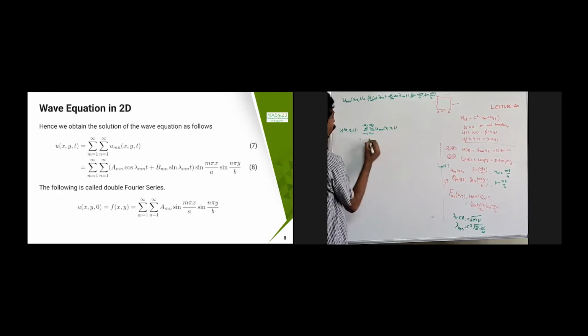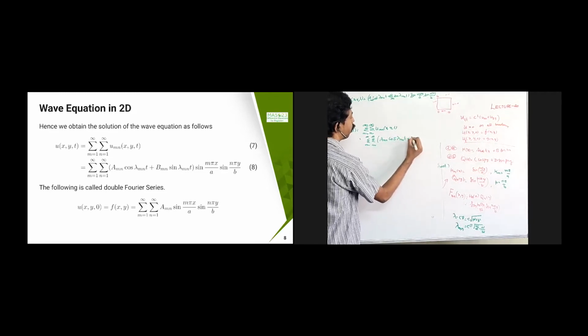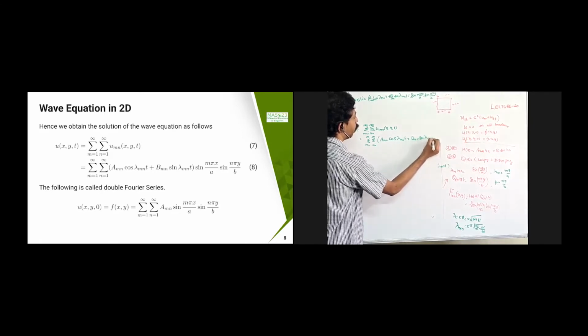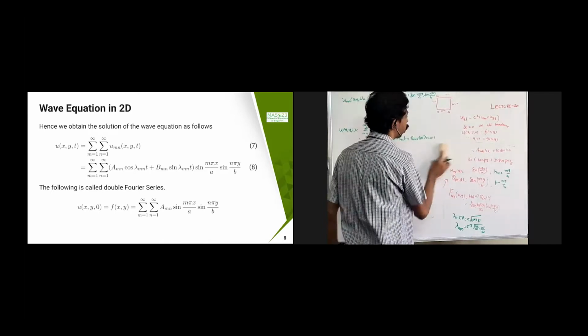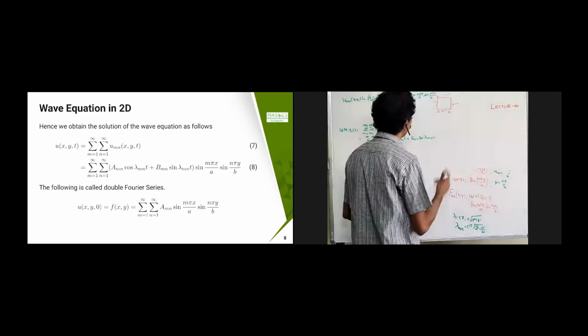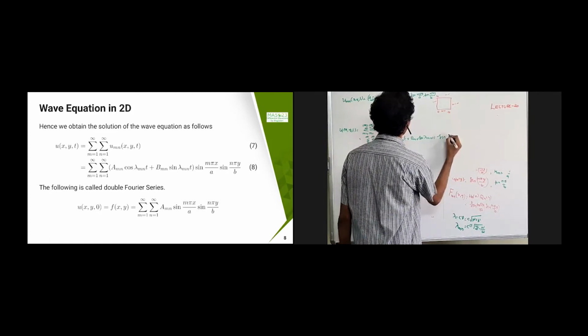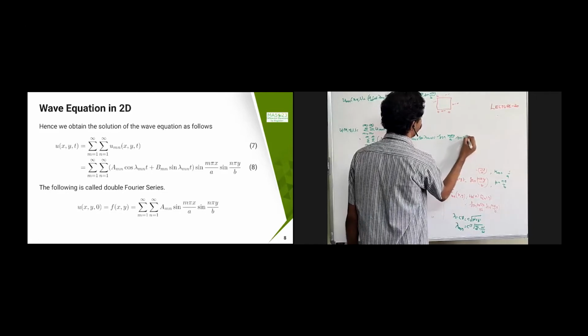That is going to become the summation m equal to 1 to infinity, summation n equal to 1 to infinity, of a_mn cos(lambda_mn t) plus b_mn sin(lambda_mn t), into, I have to use this condition, remember this one, sin(m pi x by a) sin(n pi y by b).